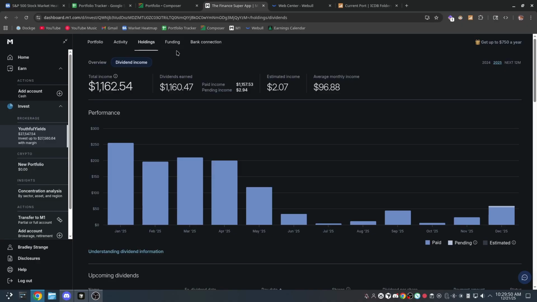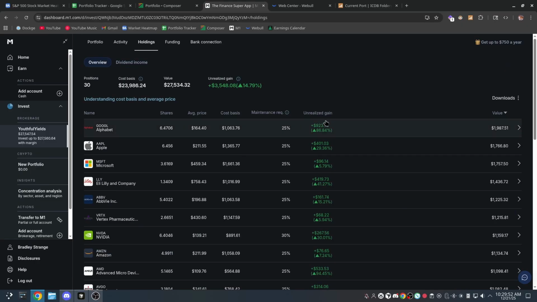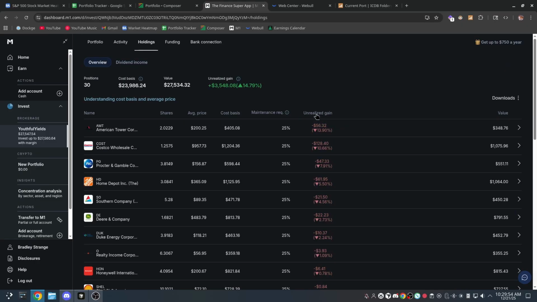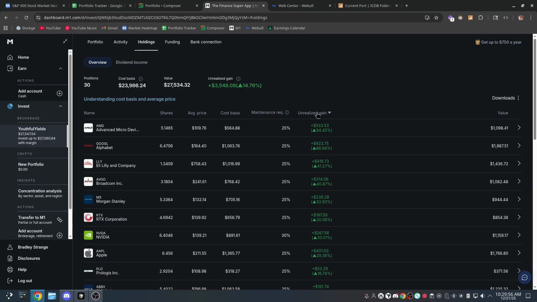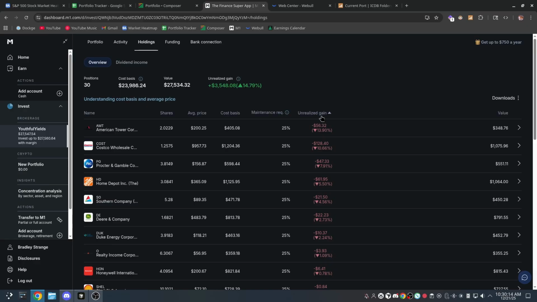Moving into the overview here, we can see unrealized gain. There's been a lot of movement down on AVGO, unfortunately, but it's still up 40% since we started. So it's super nice. AMD still rocking at 94%, and you can see Nvidia down here at 30% and whatnot. On the opposite side of things, this is what I was worried about.